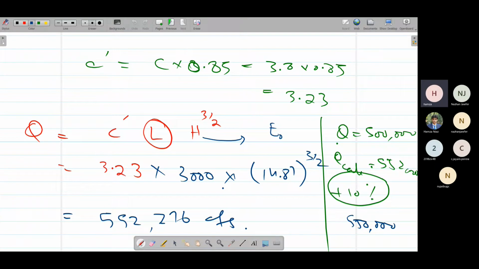For example, if we assumed 5 feet of flux, our discharge here may be around 7,000 cusecs, which is much more than the given, so that would be wrong and we would have to revise this value. But for approximately 10%, we can say this is fine. No need to revise this value. Okay.